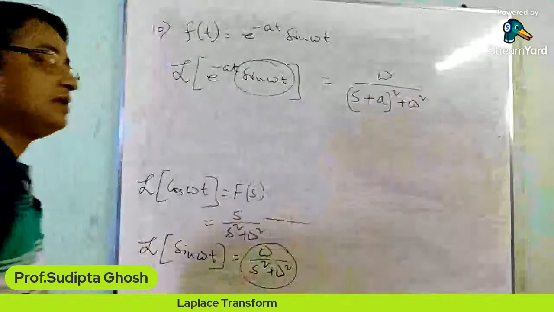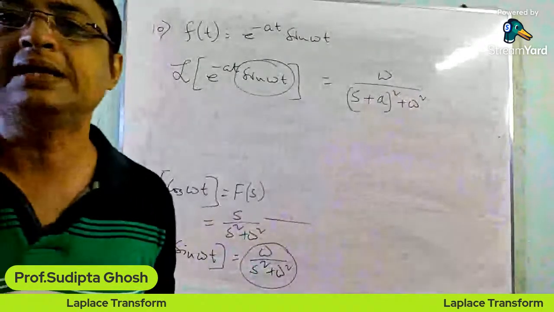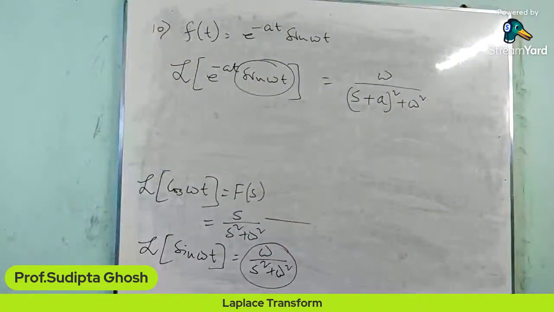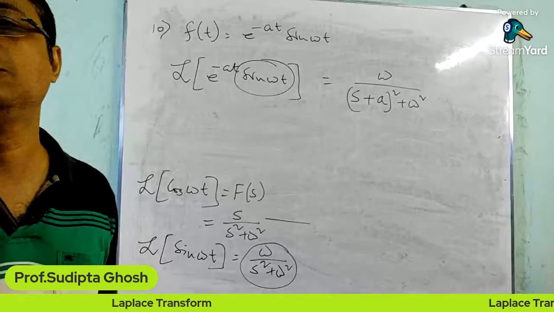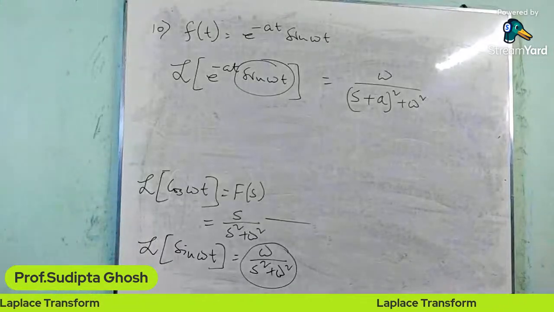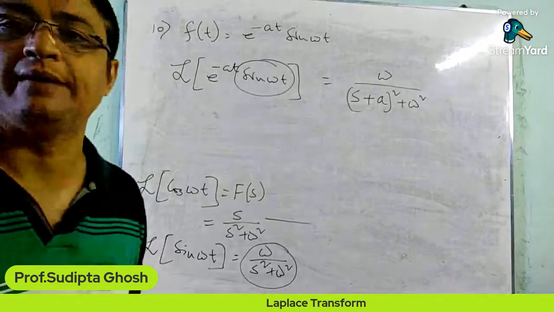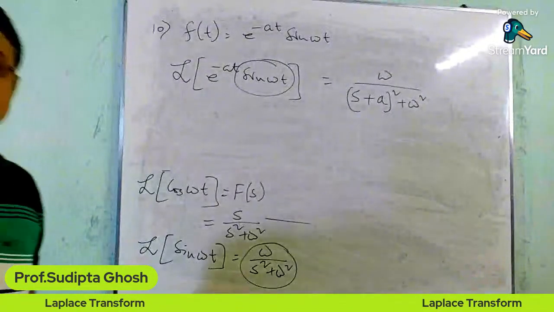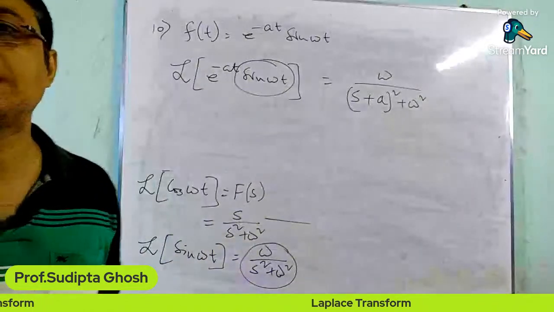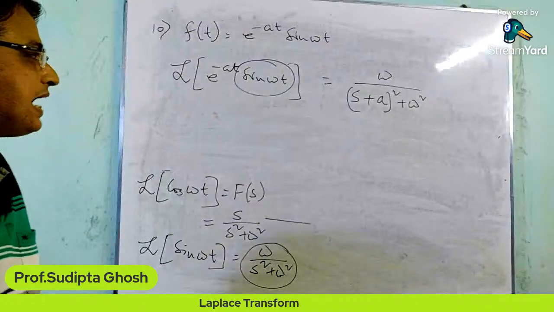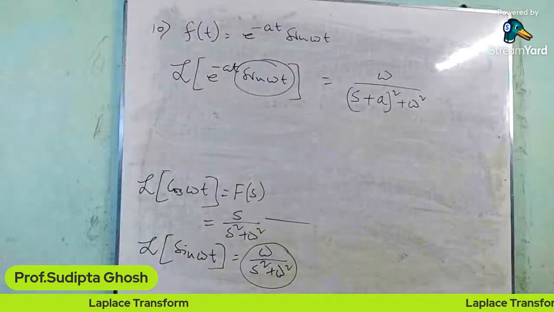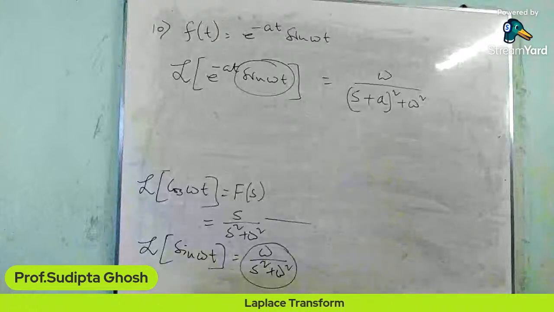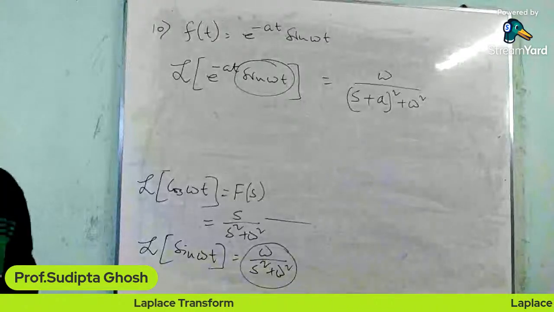So the value of e to the power minus at sine omega t is omega by s plus a whole square plus omega square. That is very nice. You are using the properties, you know how to use them, and you have correctly found the values of these Laplace transformation forms. That is excellent.